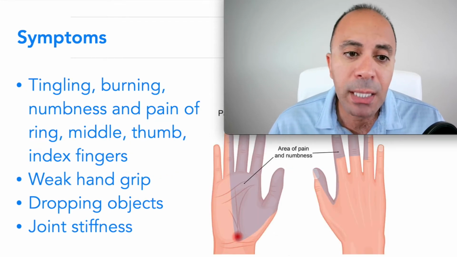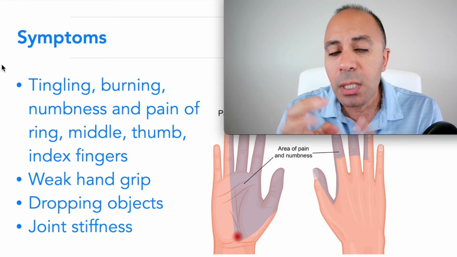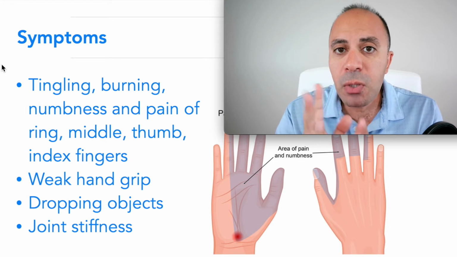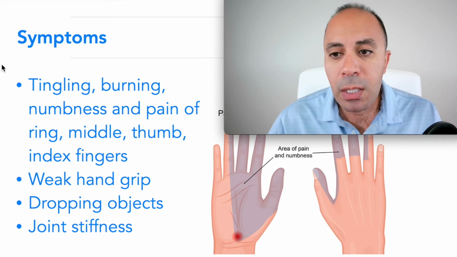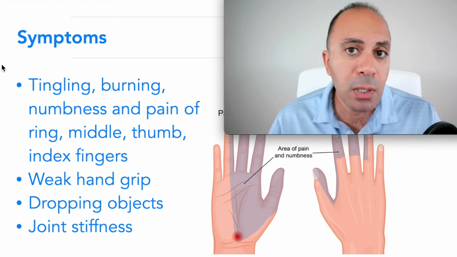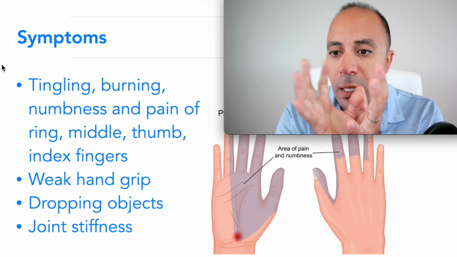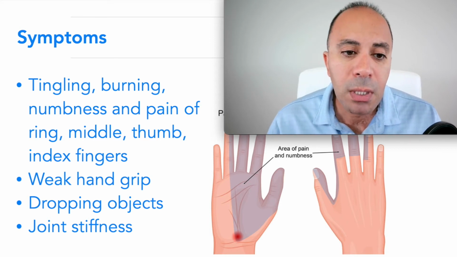So, symptoms. You might experience weakness in the hands, swelling, redness internally, and also numbness or tingling if you have carpal tunnel syndrome. It will be hard for you to grip or open a doorknob, or sometimes you drop objects. You will feel a lot of stiffness in the hand and the wrist area. Those are the symptoms.